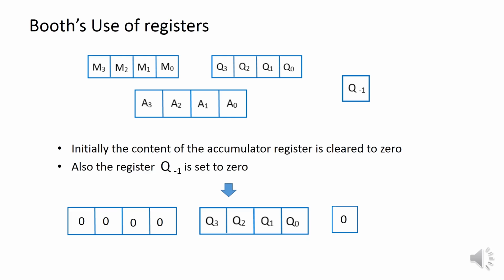During the process, the values of these registers change according to the steps of the operation. And at the end of the process, the combination of the final values of registers A and Q shows the final product of the multiplication.